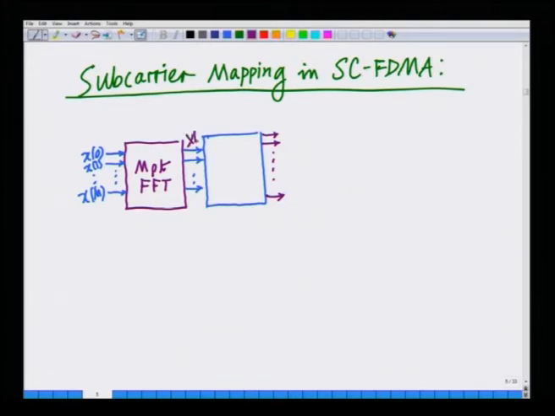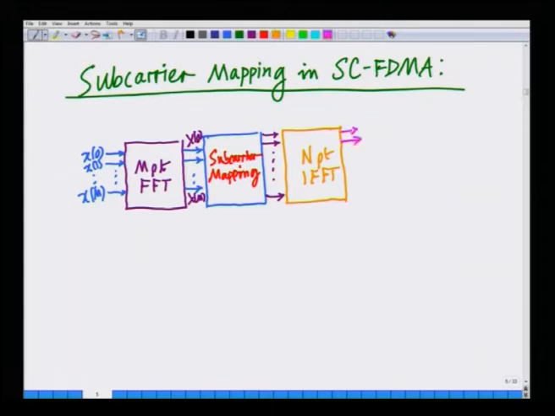So here I will have x0 up to xm, which I am mapping to N subcarriers. Here I am performing subcarrier mapping, and I am subsequently performing the N point IFFT.